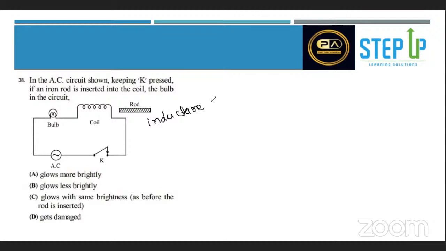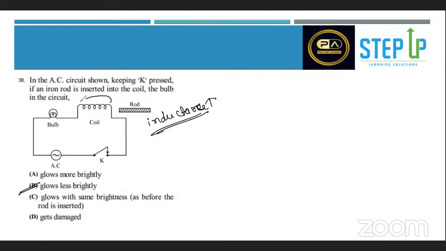Whether you talk about capacitive reactance, inductance, or resistance, all of these try to decrease the quantity of charges flowing through that point. It's trying to decrease the flow of current. If the flow of current decreases, the brightness will decrease. So it glows less brightly.